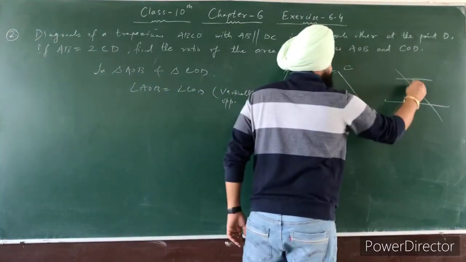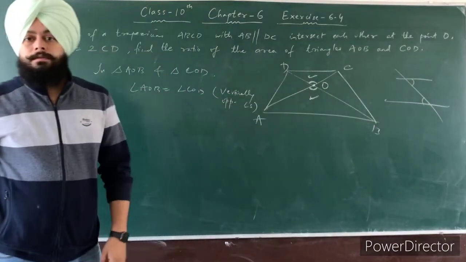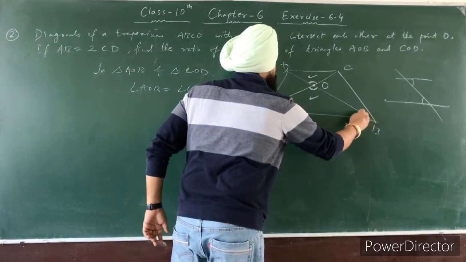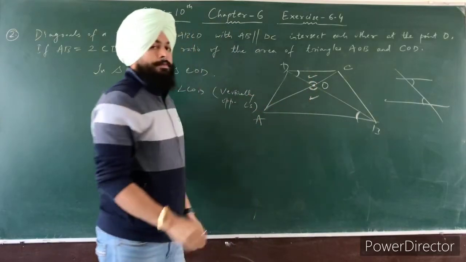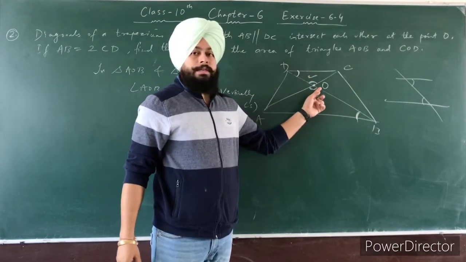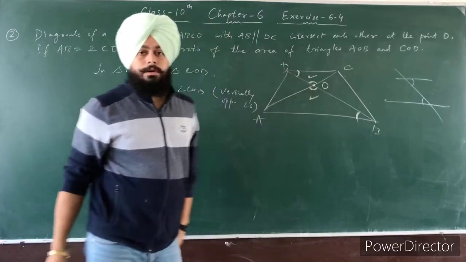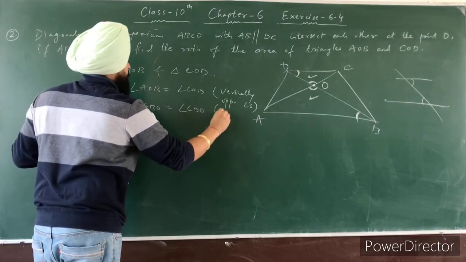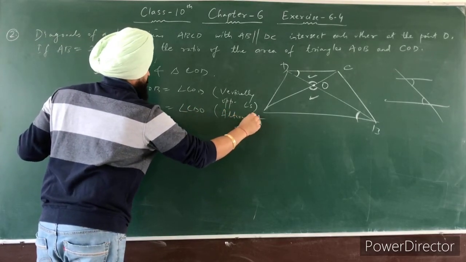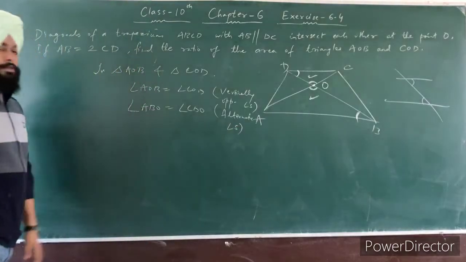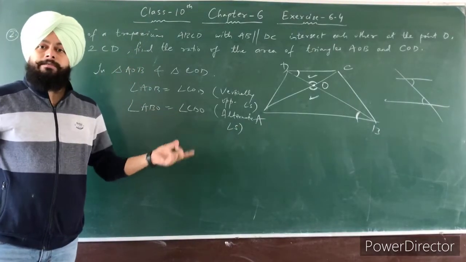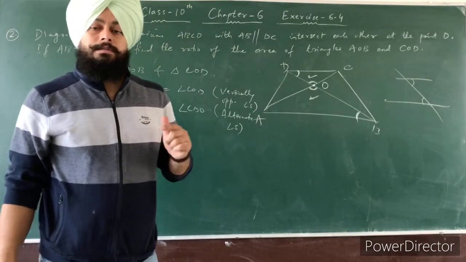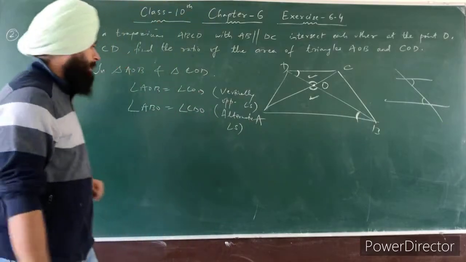These are alternate angles. So angle ABO is equal to angle CDO. Alternate angles. So the first one is an angle, the second one is also an angle. So by which criterion? By the AA similarity criterion, triangle AOB is similar to triangle COD.